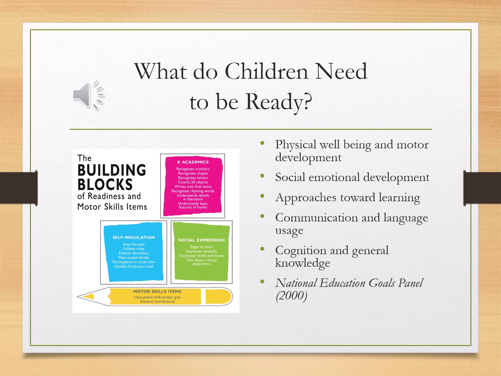So you can see in the graphic to the left that a lot of that stuff is kind of encapsulated. So the academic one has some kind of traditional cognitive general knowledge kind of information in it.